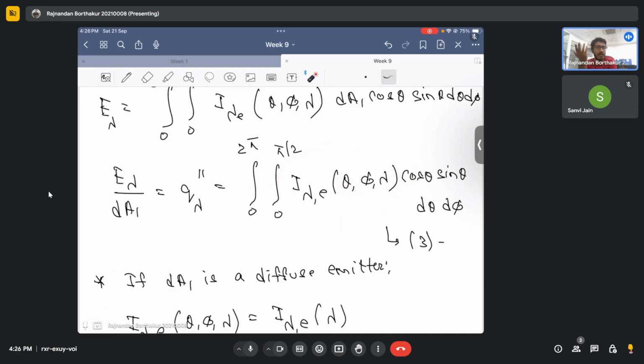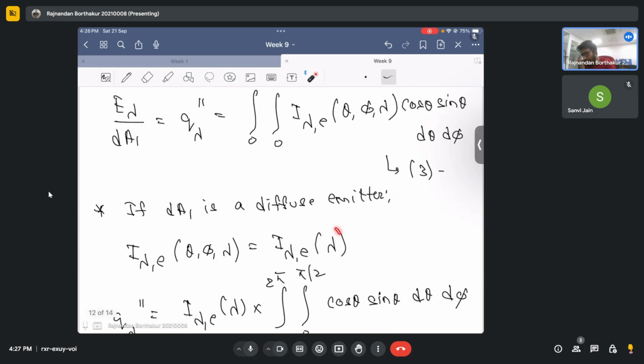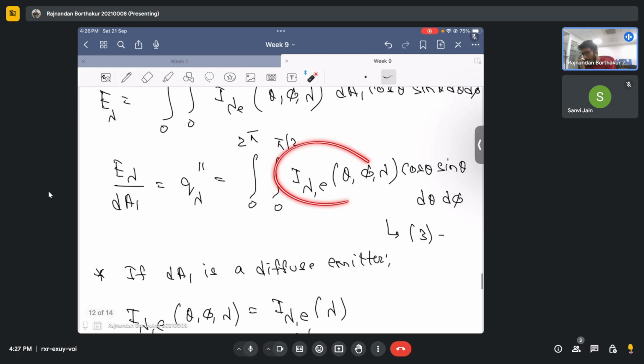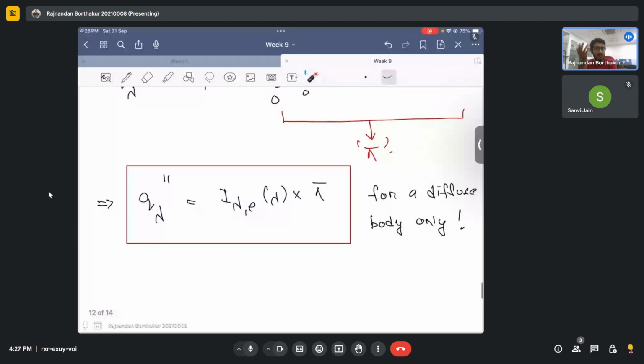It is the very definition of a diffuse body that the properties are not dependent on direction. And you can then say that your intensity of radiation is just a function of wavelength, and that's why you can bring this out of the integral. If you do this fairly straightforward integration, you will see that it comes out to be pi. So for a diffuse body, the spectral emissive power is equal to the spectral intensity of radiation times pi.